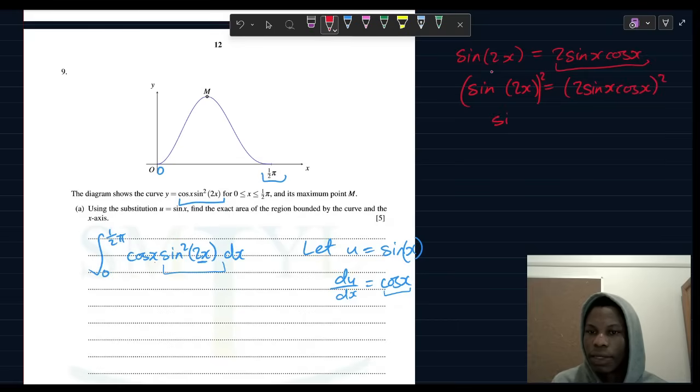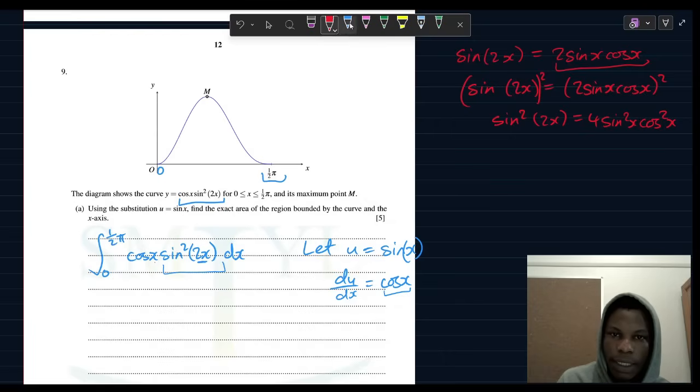And so we get that our sine squared 2x is equal to square the 2, square the sine, square the cos, x, like that. So that's nice, because now it means we can rewrite this as the integral from 0 to half pi of, I'm just going to put cos x next to the dx, right?